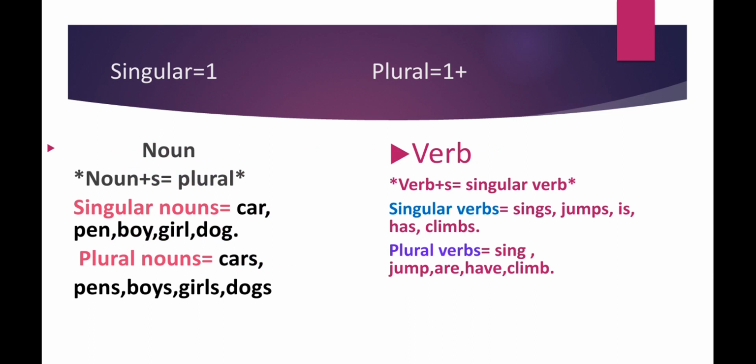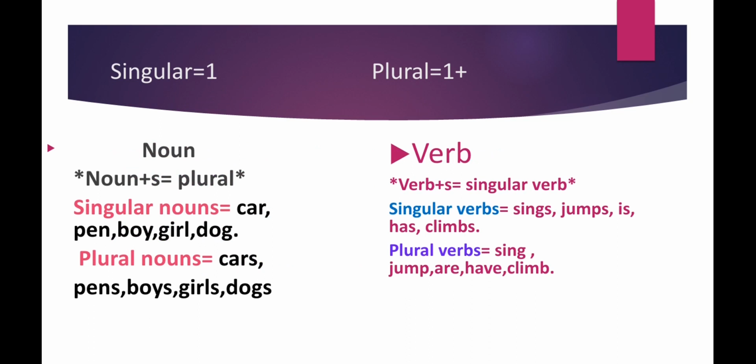But when it comes to verb, if you add s, unlike noun, that verb becomes singular verb. Example, sings, jumps, is, has, climbs. These are all examples of singular verbs.